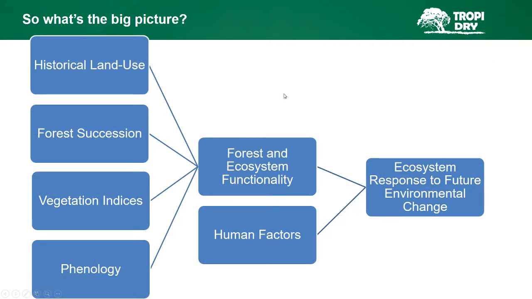So, what is the big picture? Why is it even important to do any of this, to monitor these biophysical aspects of tropical dry forests or any type of vegetation, in fact? And it really comes down to this. It helps us understand how land was being used in the past, so the historical land use.